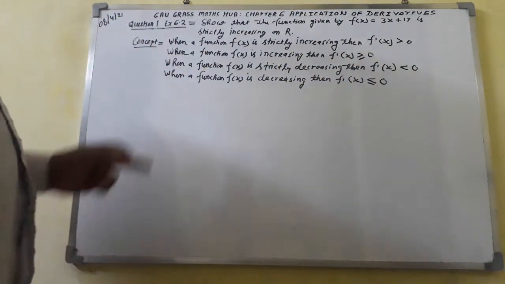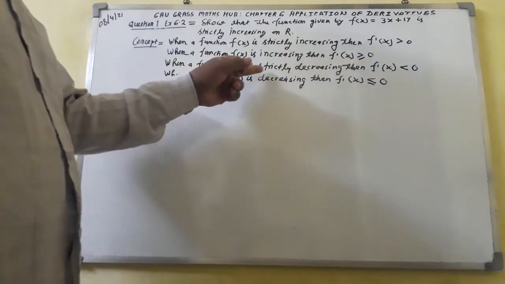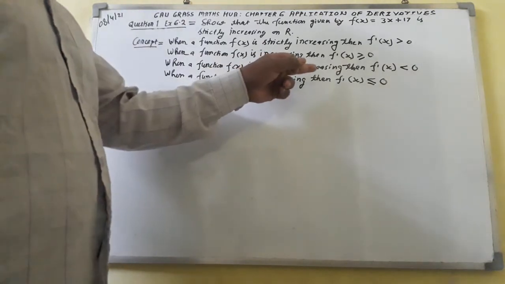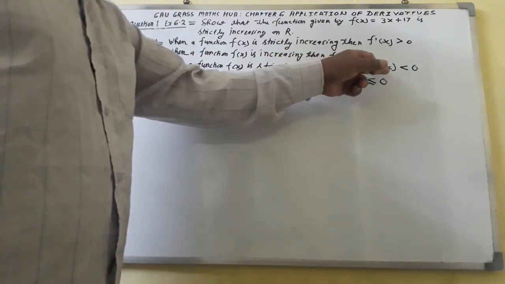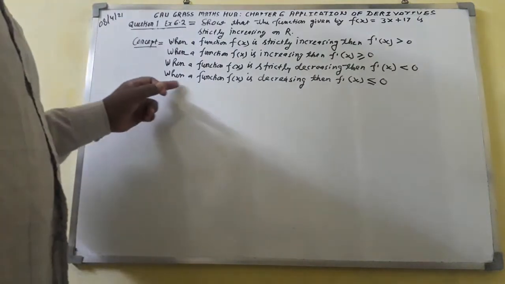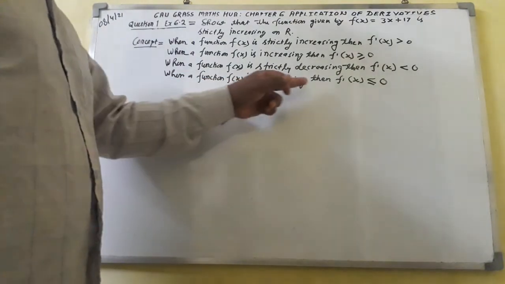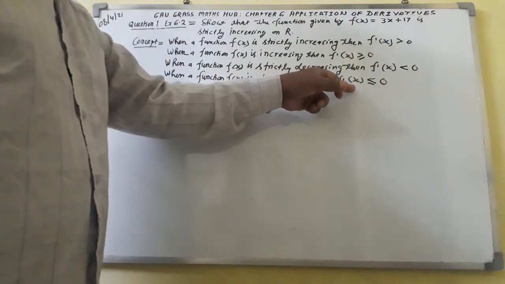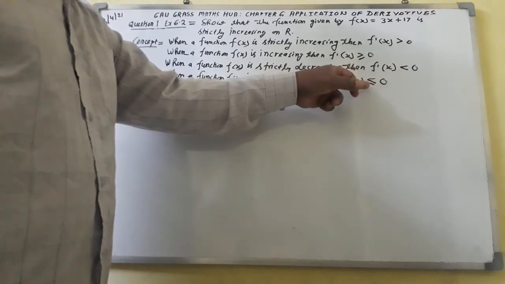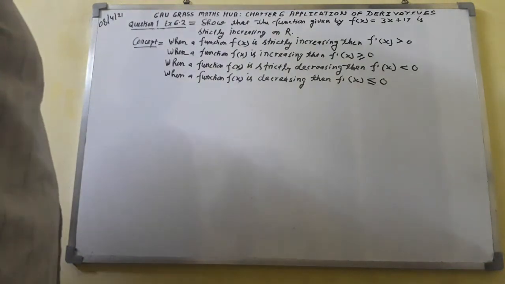When a function f of x is strictly decreasing, then f dash of x is less than 0. When a function f of x is decreasing, then f dash of x is less than or equal to 0. These are the four concepts I have mentioned here.